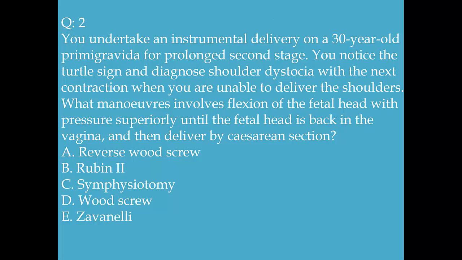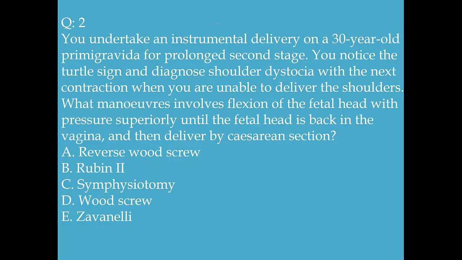Question number 2. You undertake an instrumental delivery on a 30-year-old primigravida for prolonged second stage. You notice the turtle sign and diagnose shoulder dystocia. With the next contraction, when you are unable to deliver the shoulders, what maneuver involves flexion of the fetal head with pressure superiorly until the fetal head is back in the vagina and then delivered by cesarean section?